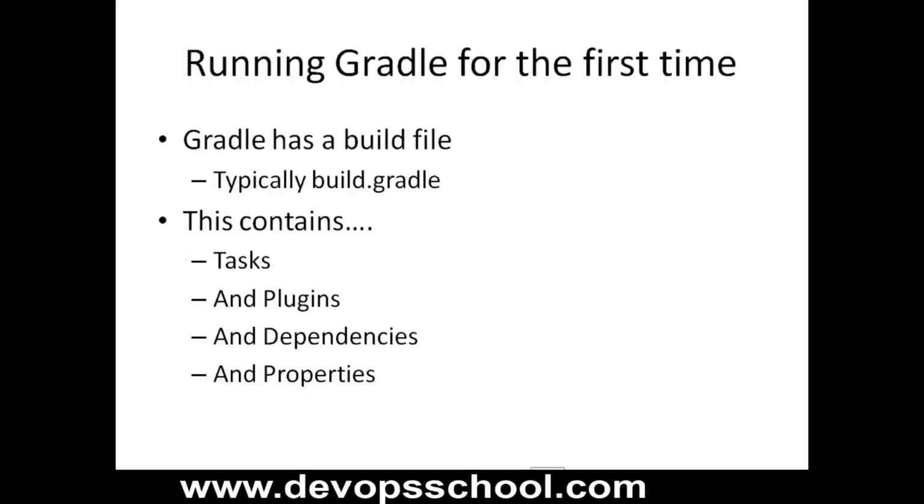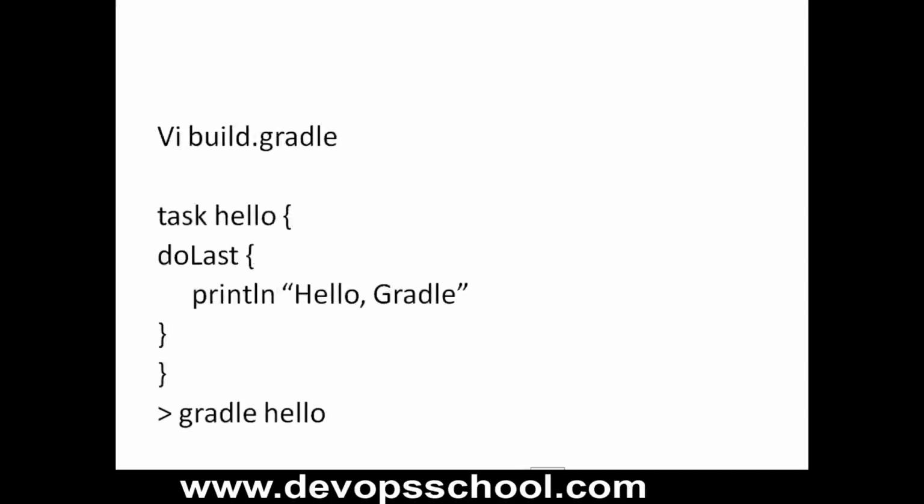Now, here is one example of a build.gradle. Here you have a build.gradle file, and you have a task. Remember, build.gradle has a task. Here, in this example, it's a custom task, and the task name is hello.